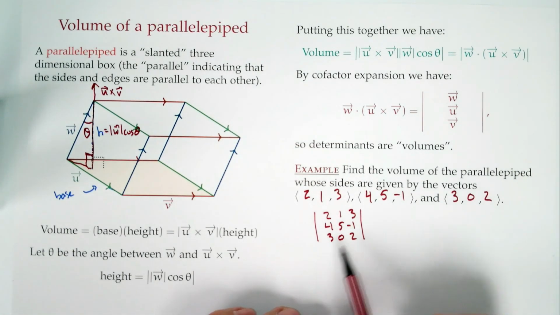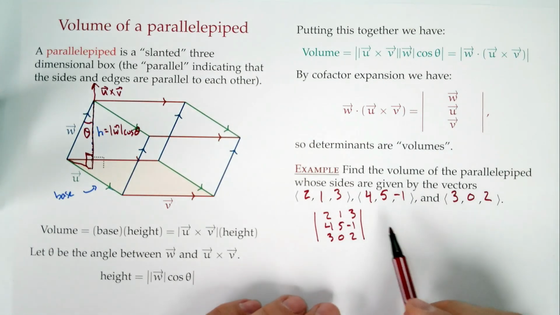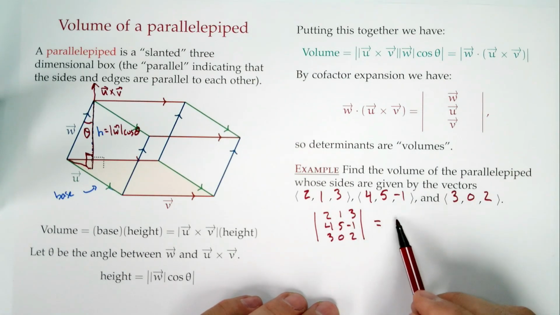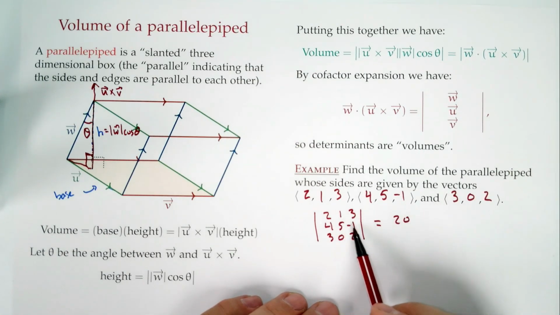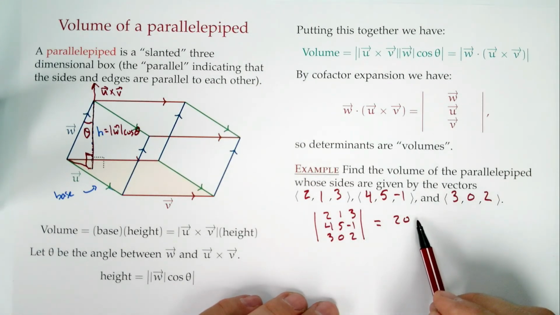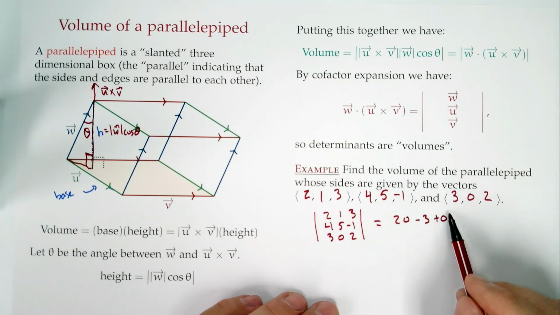So we're taking the determinant of this. So usually you use these straight lines to indicate determinant. So let's take the determinant. 2 times 5 times 2, that's 20. 1 times minus 1 times 3, because remember we wrap around, that would be negative 3. 3 times 4 times 0, because we wrap around, is 0. All right?